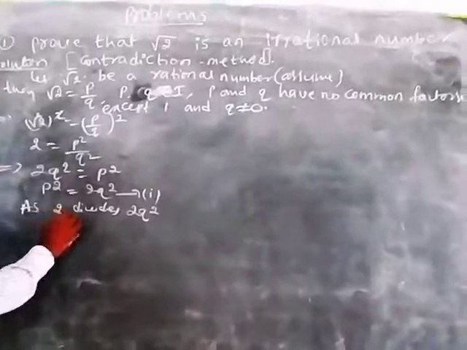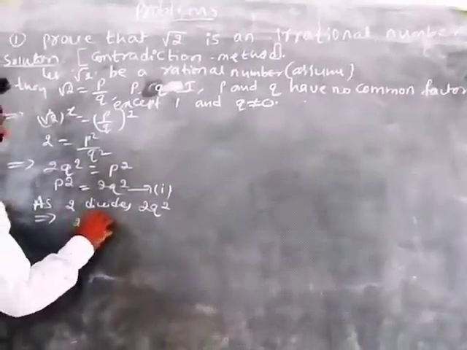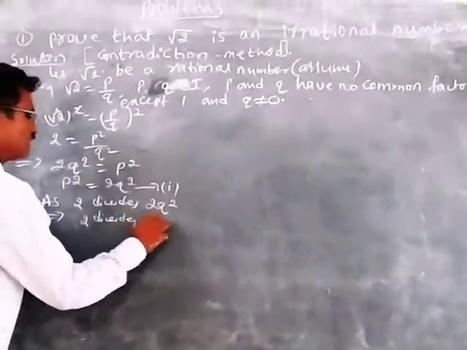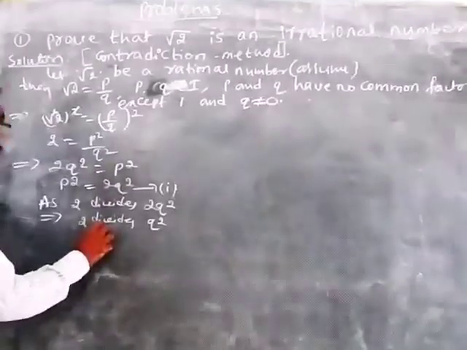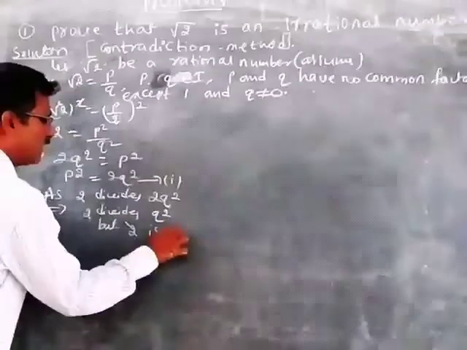So then this implies what? 2 divides Q square. But note that 2 is a prime number.